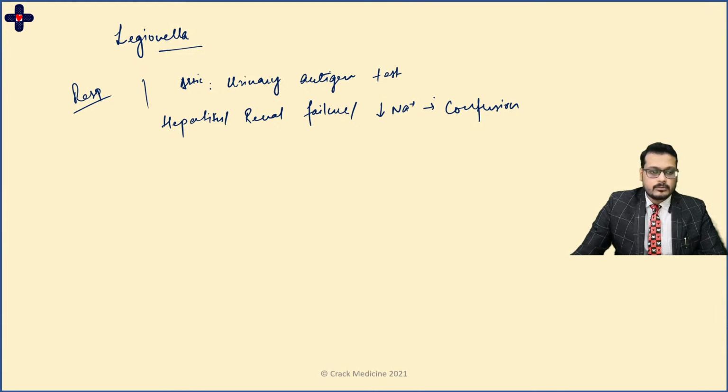So if you want to know more about Legionella, we have covered that in our video on respiratory medicine, pneumonias. You can go and watch that and get to know in depth about Legionella. So I will not be covering much over here. Just a smaller thing: treatment is with clarithromycin, first line.